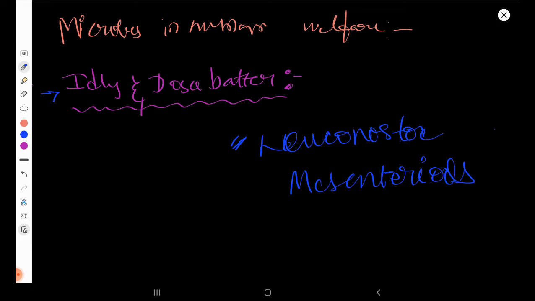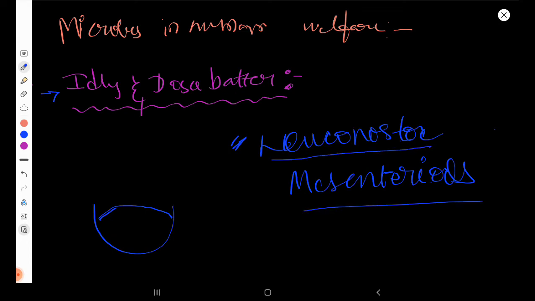After one night, you can see that the batter has risen in height like bread. In our last lecture we spoke about bread, that bread rises due to the presence of yeast, and this idli and dosa batter ferments and rises due to the presence of Leuconostoc mesenteroides.